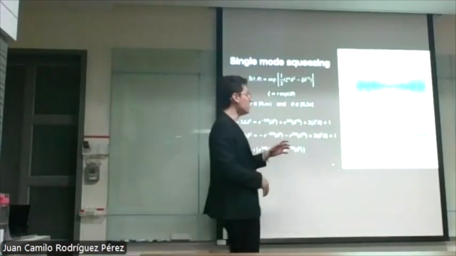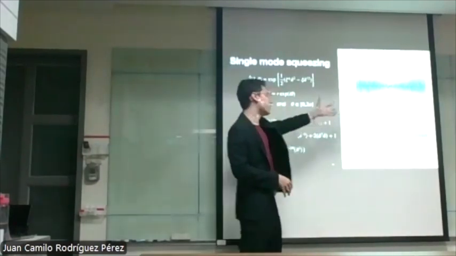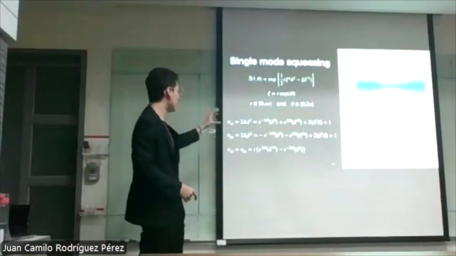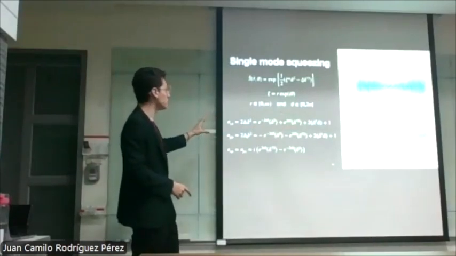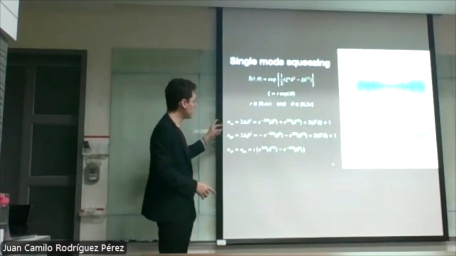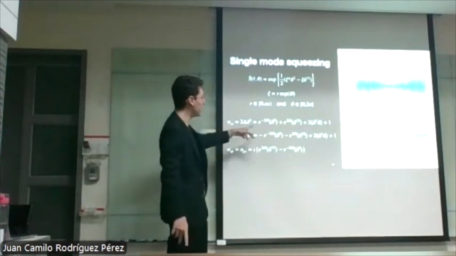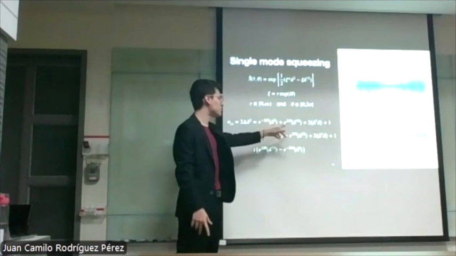In order to understand what's happening to this curve, we can break down every term of the single mode covariance matrix. We can see that every one of these terms is in terms of the square of the creation or annihilation operators.